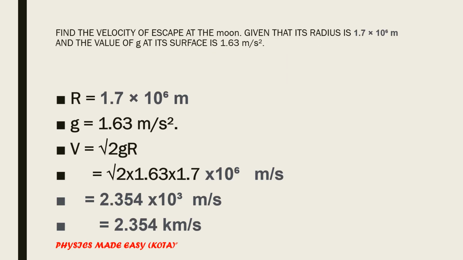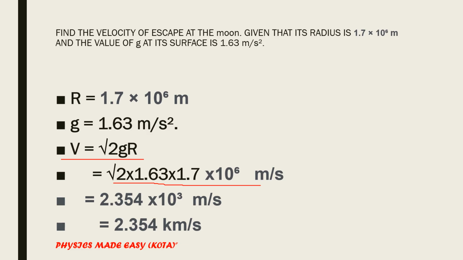Now the second numerical: find the velocity of escape at the moon, given that its radius is 1.7 into 10 raised to power 6 meters and the value of its g, that is acceleration due to gravity at its surface, is 1.63 meters per second squared. So first of all, write down the given terms. Then we are aware of the expression of the escape velocity, that is square root of 2gR. Put the value of small g and capital R, then do calculations.